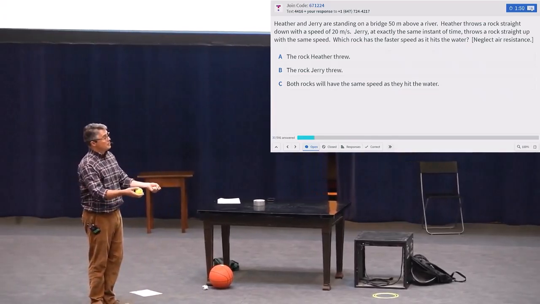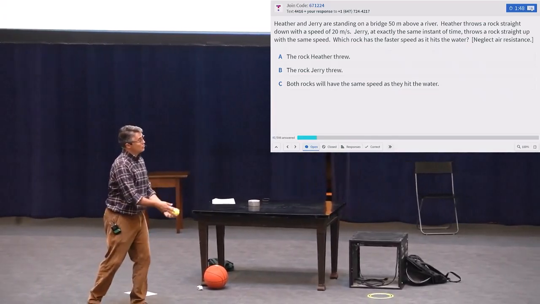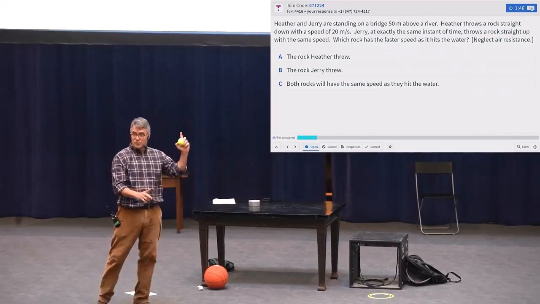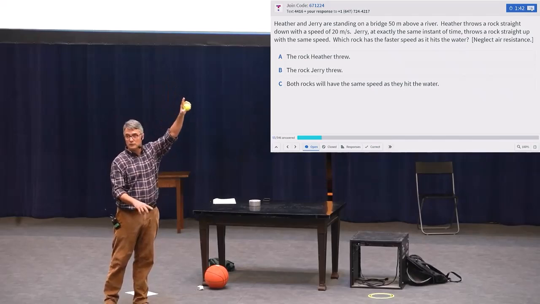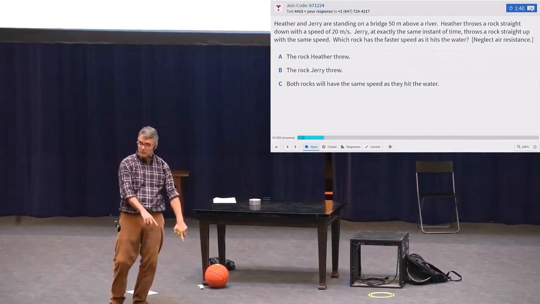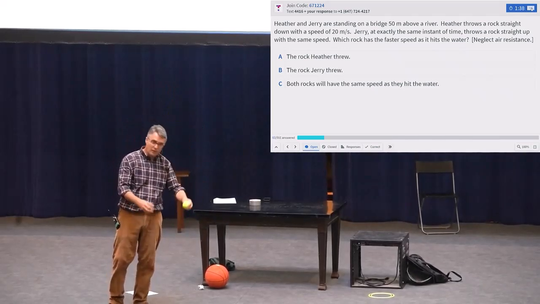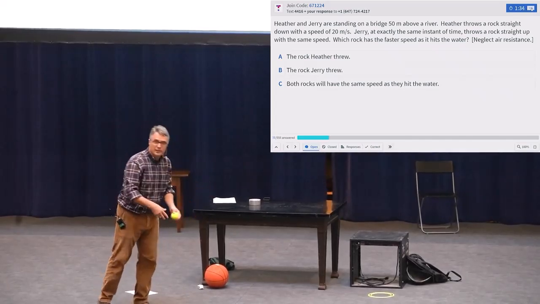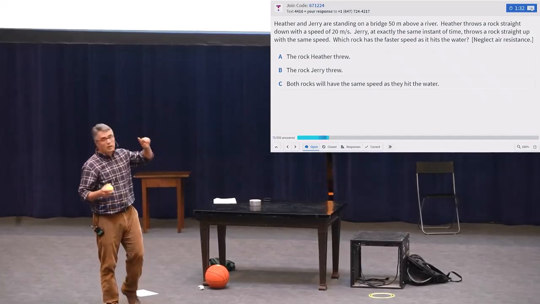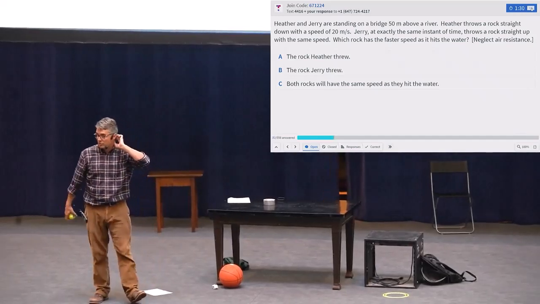Jerry, at the exact same instant of time, throws a rock straight up with 20 meters per second up. So they both hit the water eventually. One goes up and then hits the water. The other, I guess they're leaning over the bridge, goes straight down and hits the water. Which rock hits the water faster?